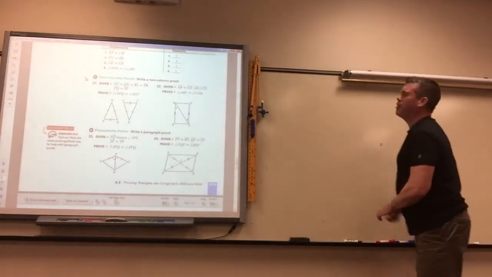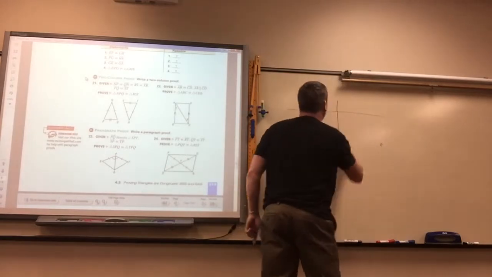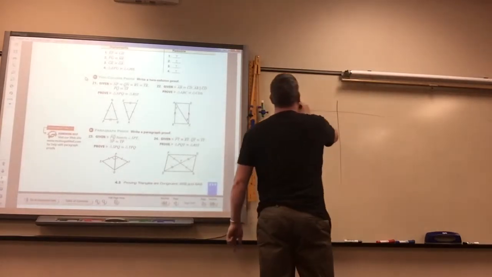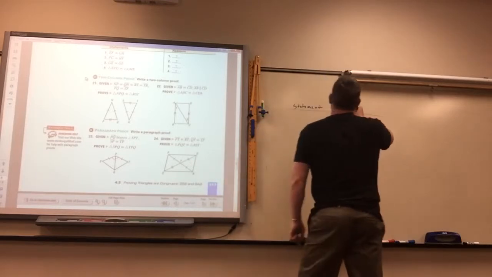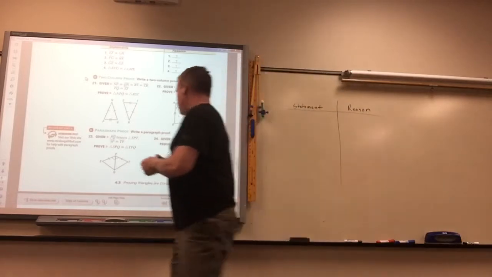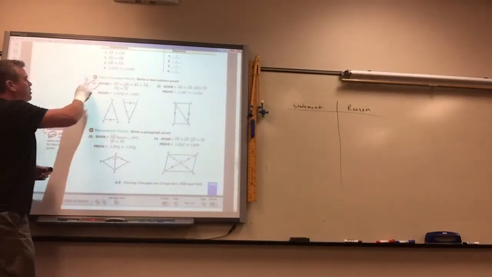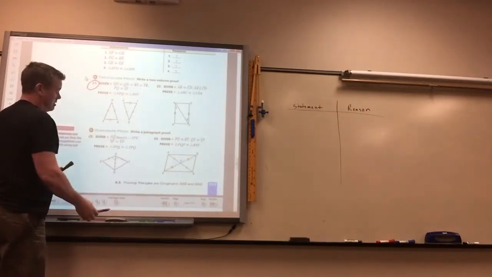So, for number 21, if you had to do a proof, which again, eventually you'll have to, we're just going to do the 2-column proofs. This one has a bunch of given stuff here.